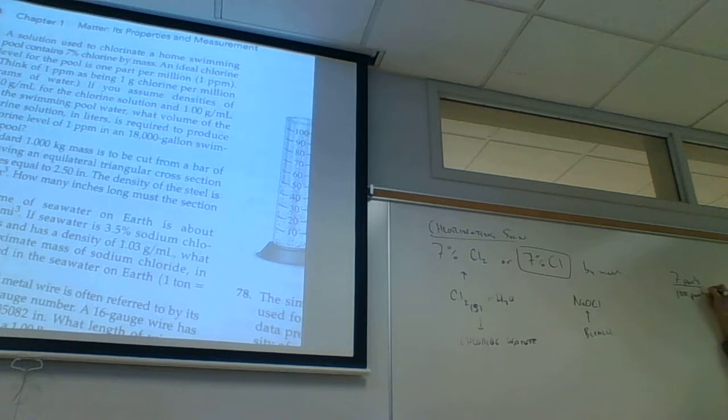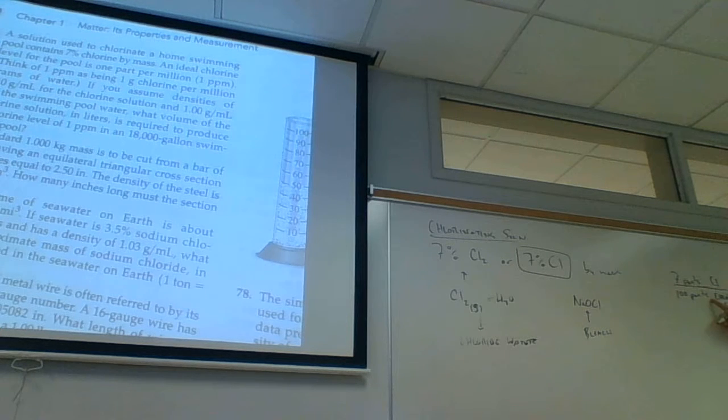And so we have to be more specific. Parts of what? And so this is where it gets into labeling the dimensions here, because in terms of labeling, this is going to be parts of chlorine, Cl, per 100 parts of chlorinating solution.